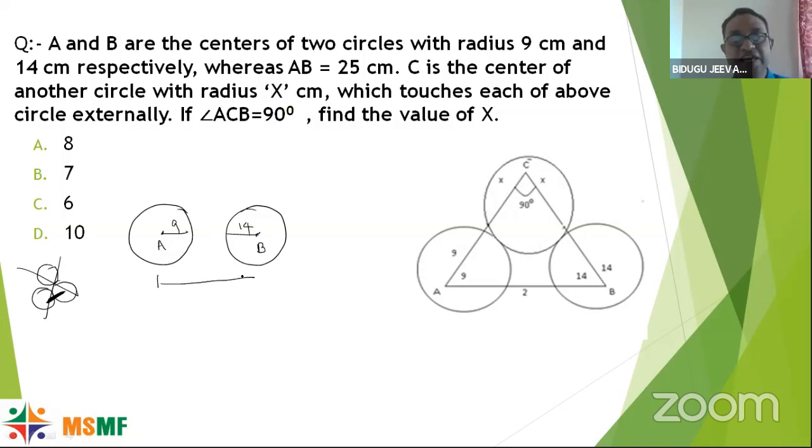That means 9 plus 14 is 23. I think this gap is 2, right? That's what is given in the figure. Okay. Fine.